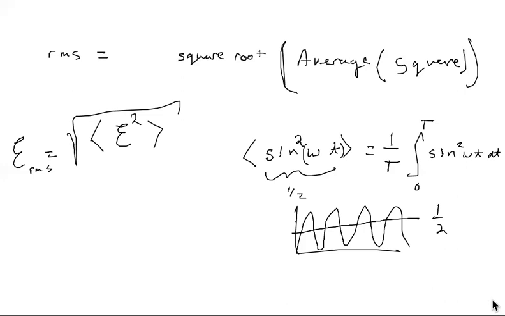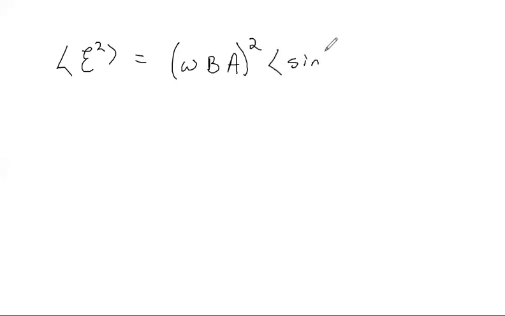Okay, so all that being said, what we find is that the average value for the EMF squared is simply omega squared B squared area squared times the average value of sine squared of omega t, which just gives you a half.